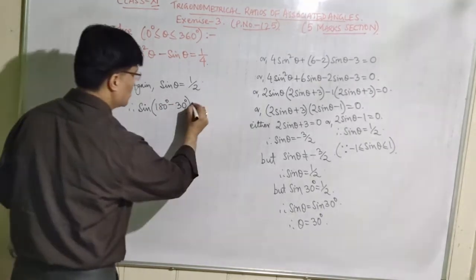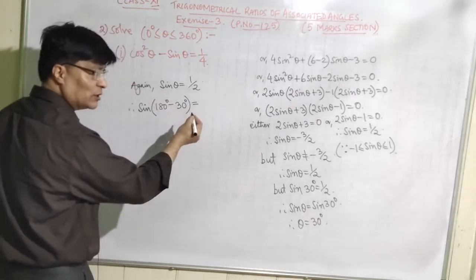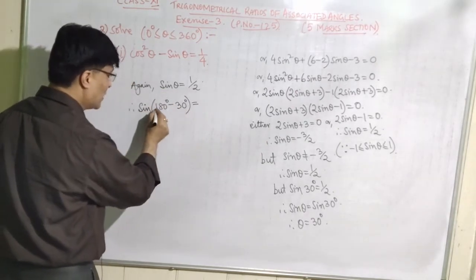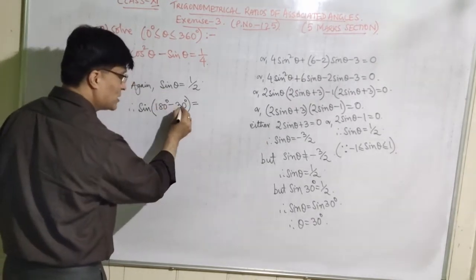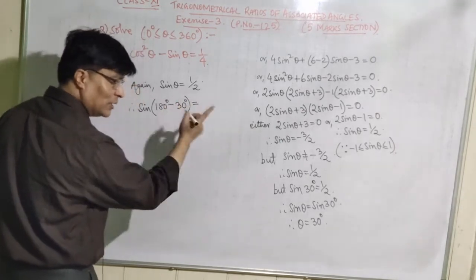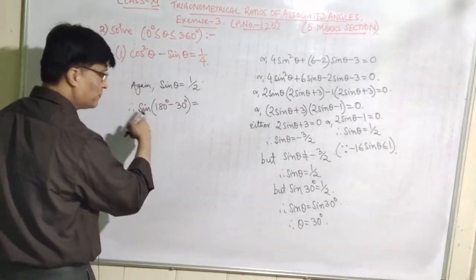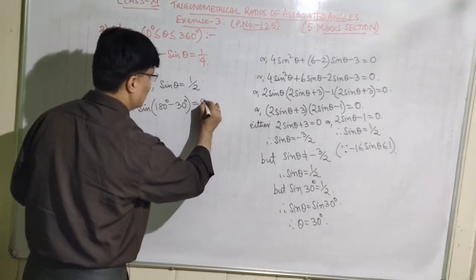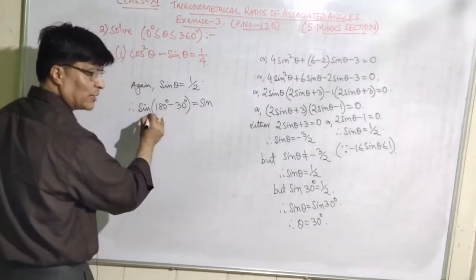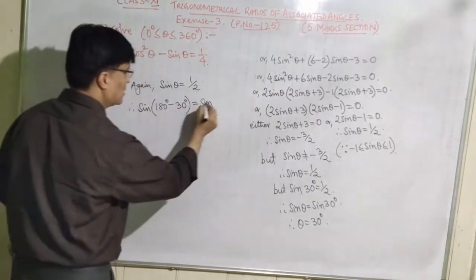Is that clear? So on the right hand side you have to write down the formula. What is sine of 180 minus theta? 180 minus theta lies in the second quadrant. In the second quadrant sine is always positive, so it is sine theta. 180 is an even multiple of 90, that is 90 into 2, so sine remains the same.